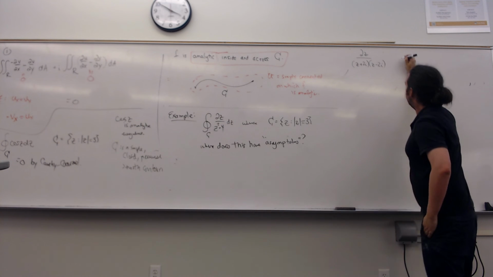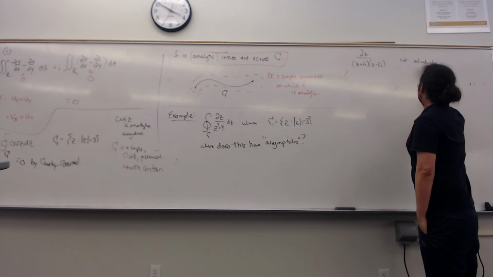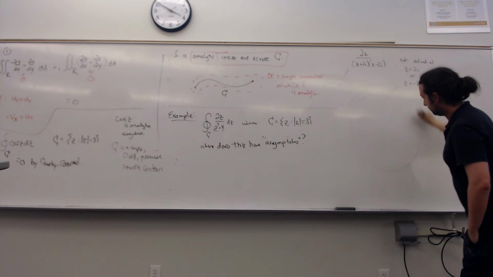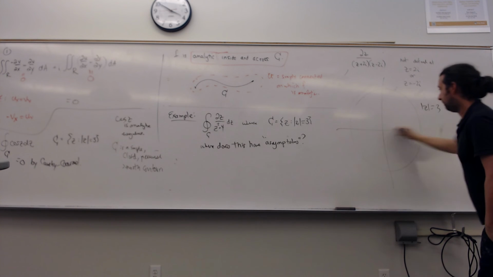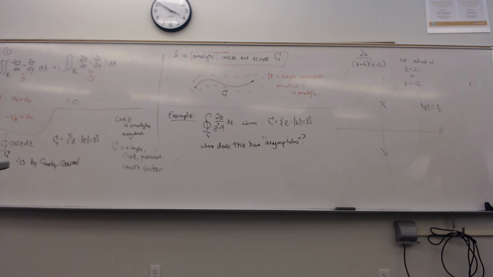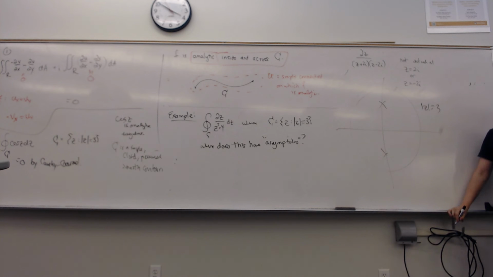And so this is not defined at z is equal to 2i or z is equal to minus 2i. I have some circle, but I've got places where the function is not defined, and so there's no way it could be analytic. It's not even defined there, right? So I can't say it's equal to 0. Damn.